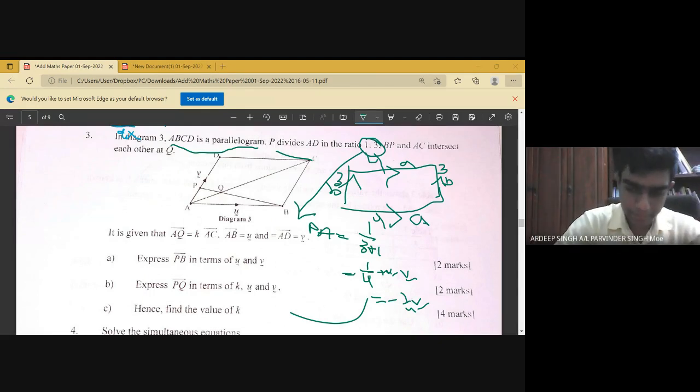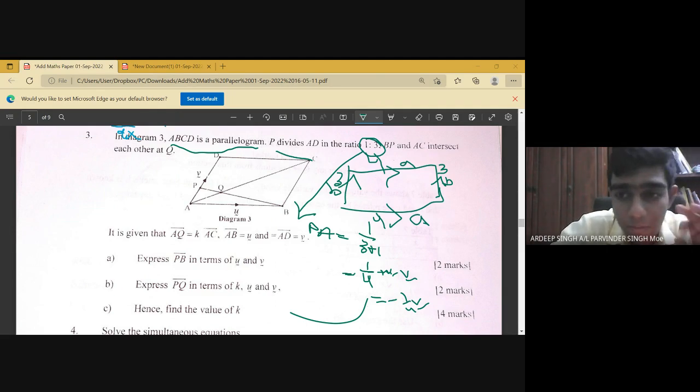Okay, I hope you can see. I draw the diagram to show all of you. Over here, first to get the PB, I take 3 plus 1 equals 4. After that, I take negative because they asked for AP, right? It's a PA.